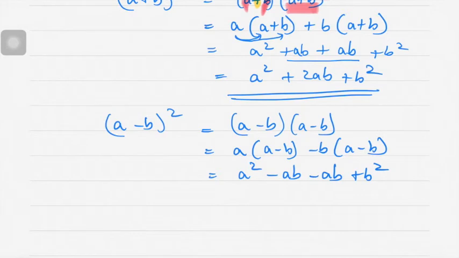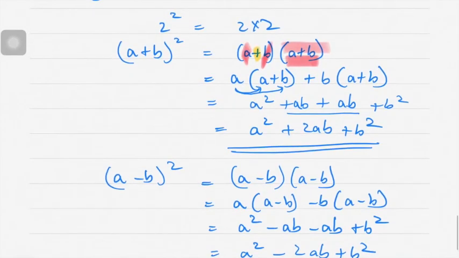Minus also, when you square it, it becomes plus, correct? For example, minus 2 into minus 2 is 4, right? So minus b into minus b would be plus b square. So a square minus 2ab plus b square. This is how the formula has been derived for a minus b the whole square. Okay?